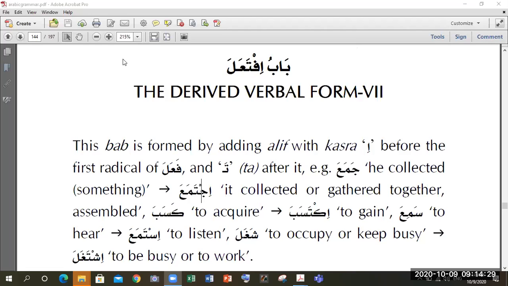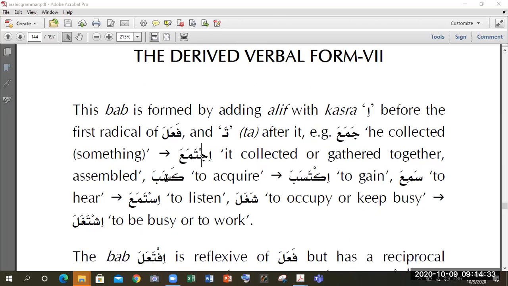We have seen how it is made, and then we say, for example, kasaba, which means to acquire. Jama'a also we will see the meaning. I think you might be able to recognize the meaning of jama'a. Jama'at, right? Yani he jama'a, he collected, he gathered, or gathered anything, right?